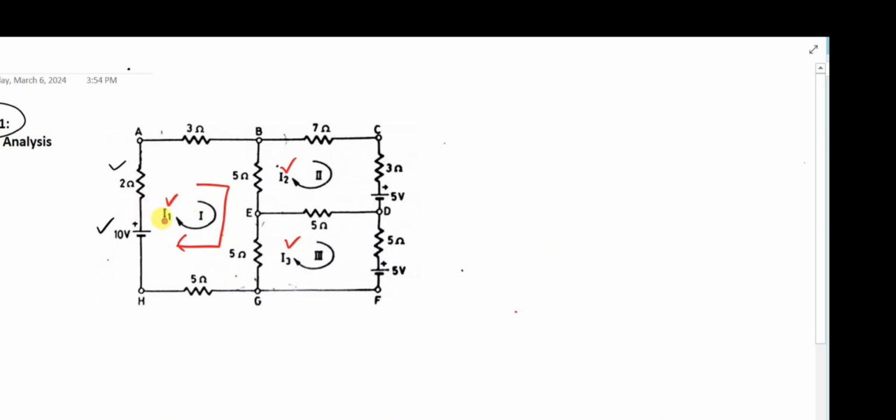Since the current is assumed in this direction, we are going to provide the sign to each circuit element. For the voltage source, the sign is already given. The polarities of a voltage source remain constant; they are independent of the direction of current flow.